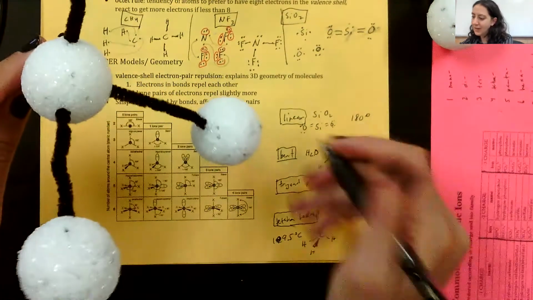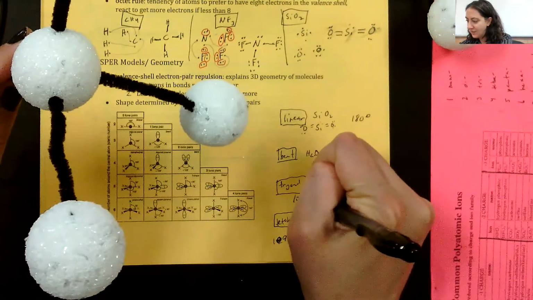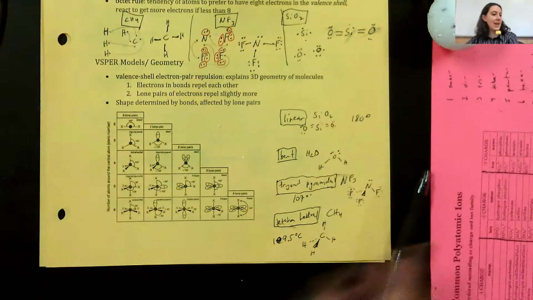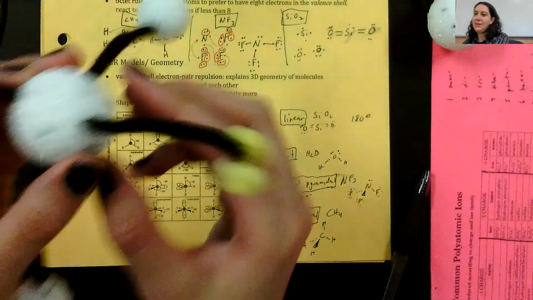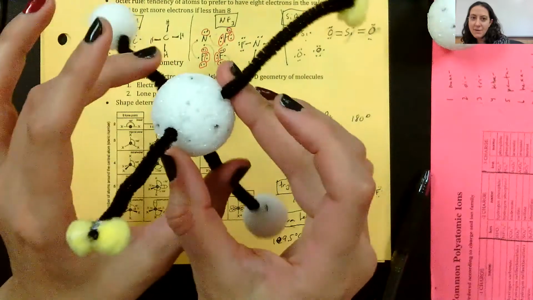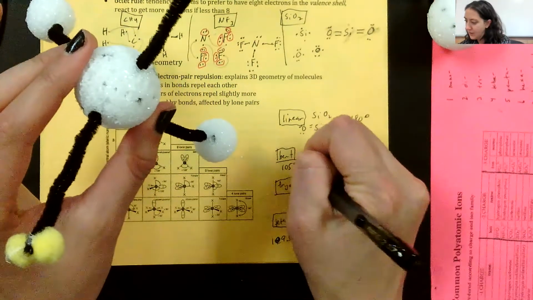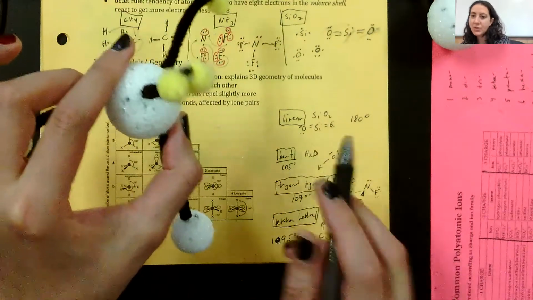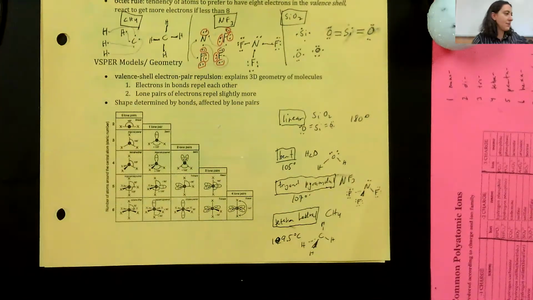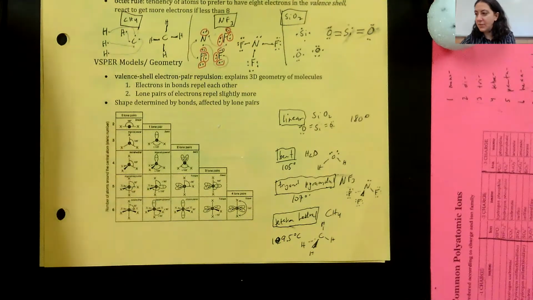So the actual bond angle ends up being 107 degrees instead. And the bent, again, these two electron pairs push even more and make it more like 105. So if that ever comes up, those are some of the bond angles associated with these different shapes. Okay, so I think it's time to move on and do some more examples.